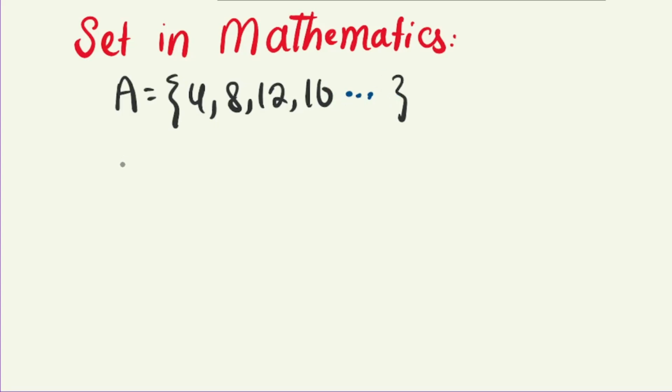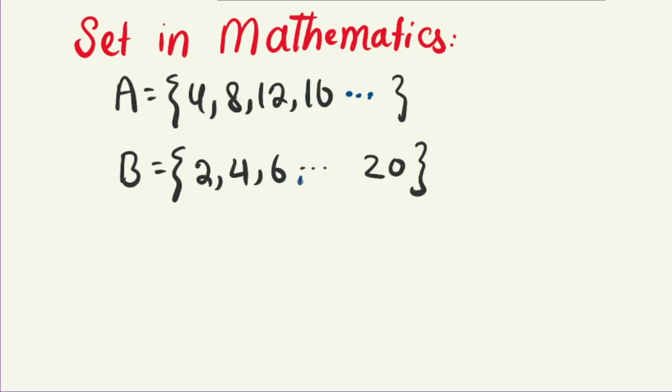Now let me have another set B which contains the first 10 multiples of 2: 2, 4, 6, up to 20. Here these three dots are called an ellipsis in mathematics, and they show that the pattern is repeated until 20. The first 10 multiples of 2 start from 2 and end at 20.